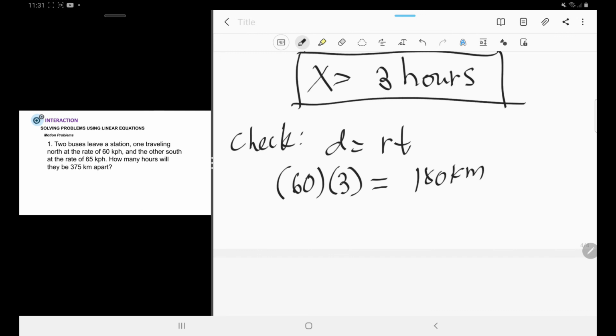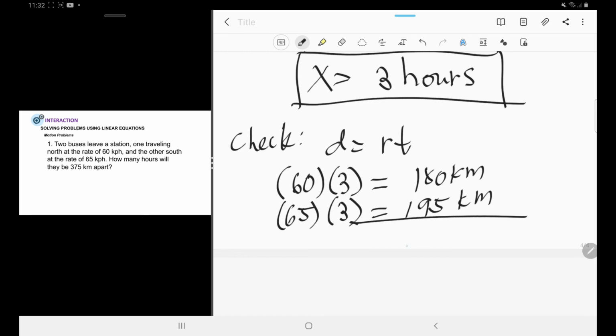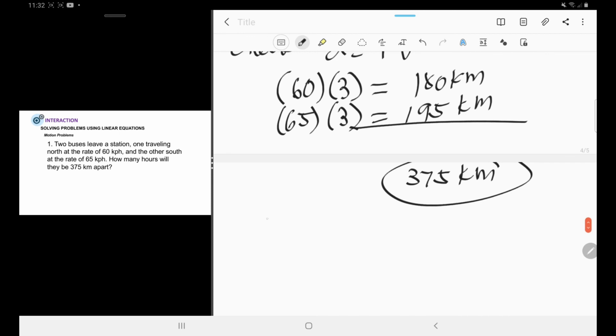That's bus 1. And then the second bus is 65 times 3, which is equal to 195 kilometers. When we get the total of this, that is actually 375 kilometers. Okay, so our answer here is 3 hours.